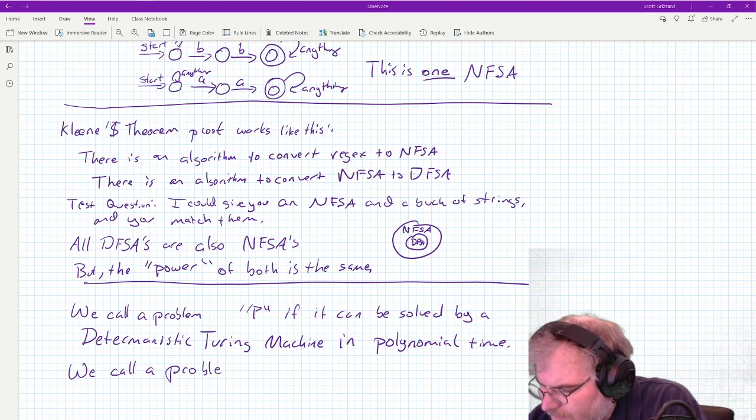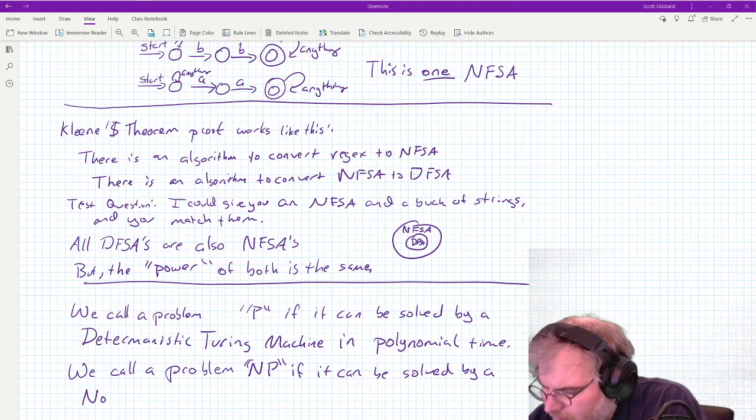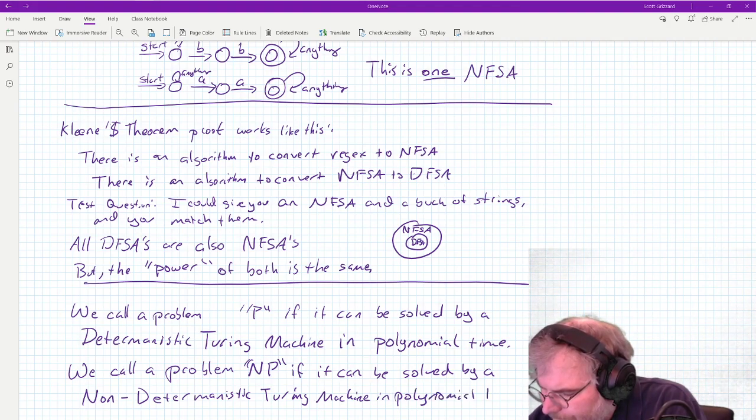if it can be solved by a non-deterministic Turing machine in polynomial time.